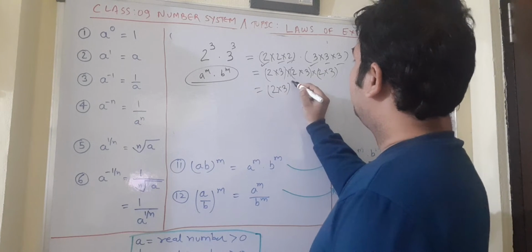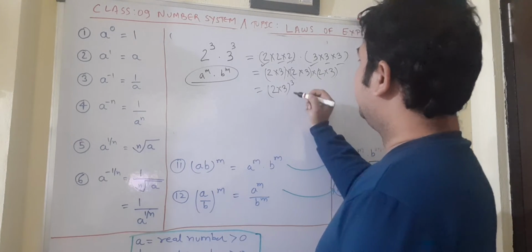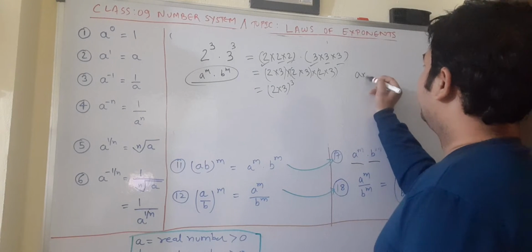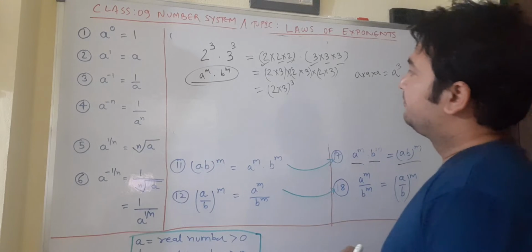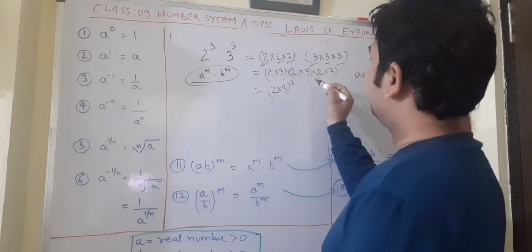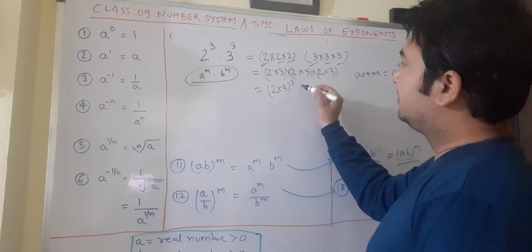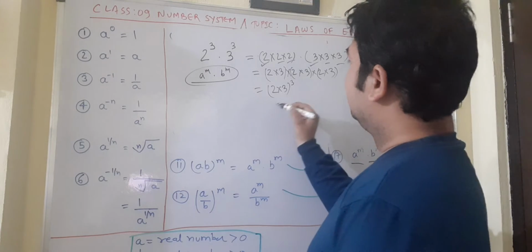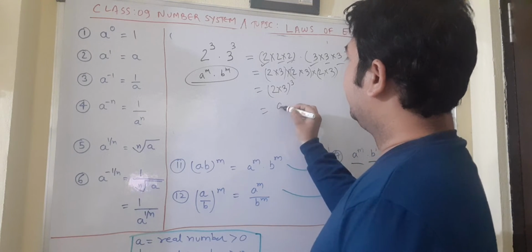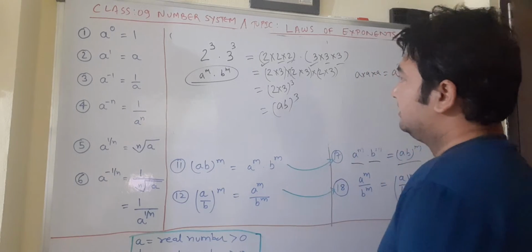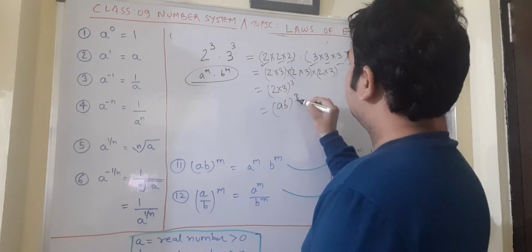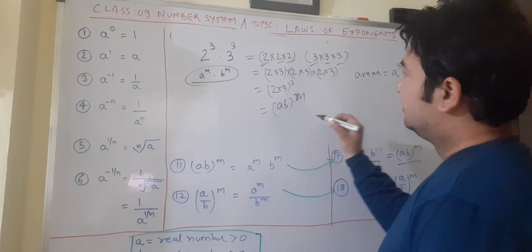What will be the value? 2 into 3 raised to the power 3. If we have a into a, what do we write? A raised to the power 2. So 2 into 3 into 2 into 3 into 2 into 3 will be 2 into 3 raised to the power 3. So this is how you get ab raised to the power m.